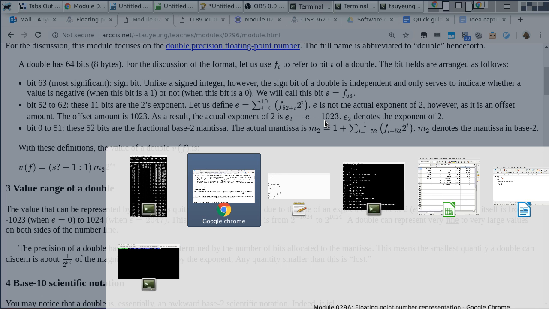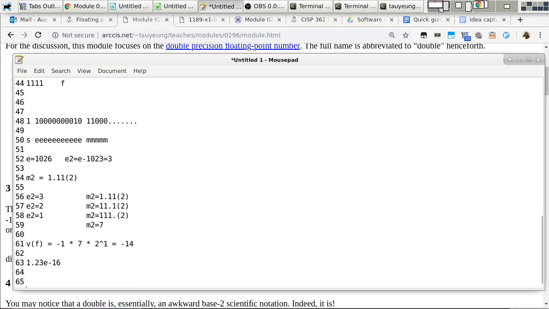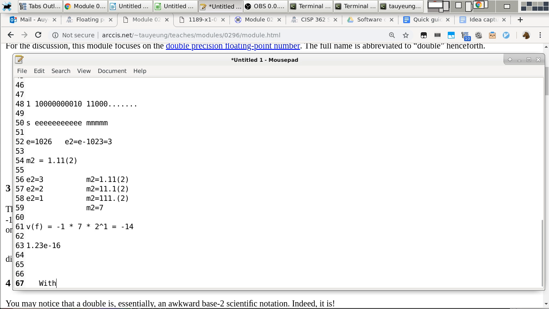Let's check it out. So I have to make this very clear here. Okay. So with the IEEE double, the range of E2 is going to be where? Because e can only be as small as 0, right? That's the smallest unsigned integer you can have. But because it's biased by 1023, that means E2 can range from negative 1023 to what?